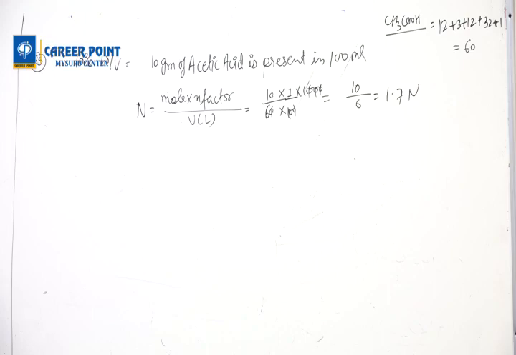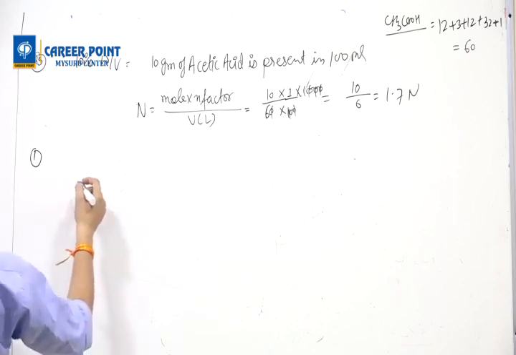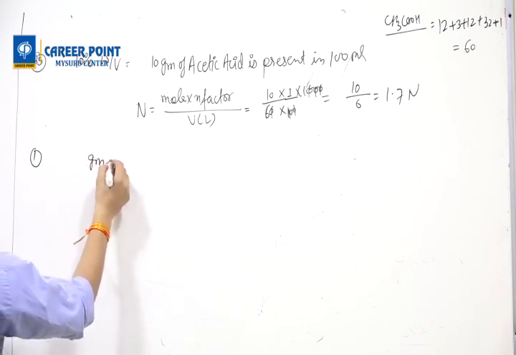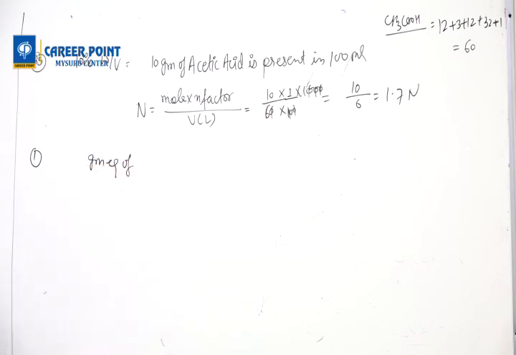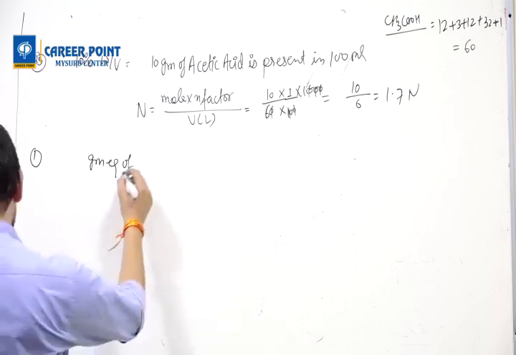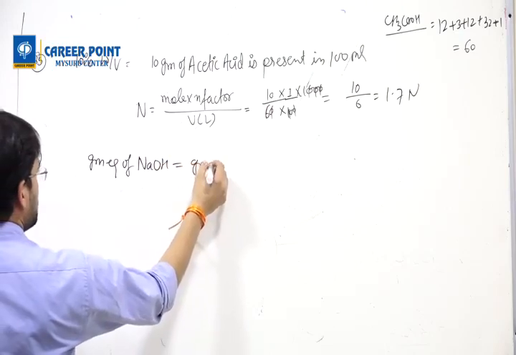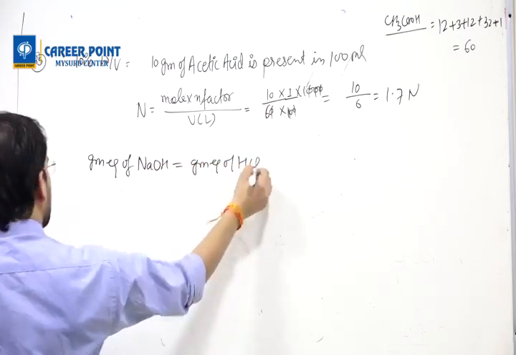Then question number 1 also. To neutralize 20 ml of M by 10 NaOH, the volume of M by 20 HCl. So here we will use the equivalence concept I taught you. Gram equivalent of NaOH must equal gram equivalent of HCl.